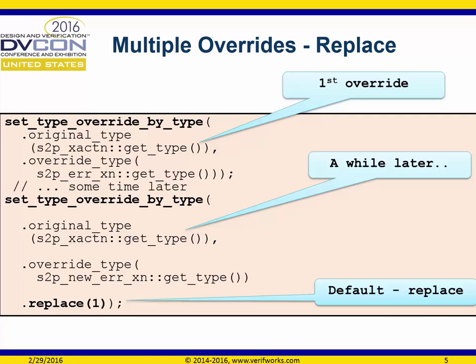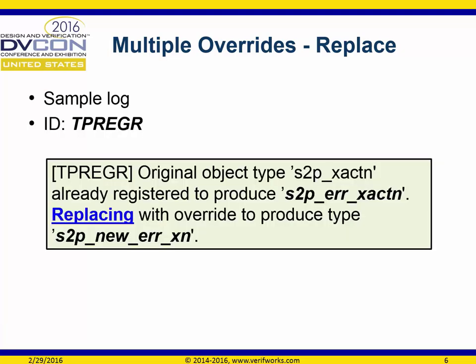The original override had S2P transaction overridden to produce S2P error transaction. And sometime later, you took S2P transaction and tried to replace it with S2P new error transaction. That's the message that you see. If you don't see this message, something's gone wrong. There are a couple of cases when it does not happen, and I'll cover that in a minute.